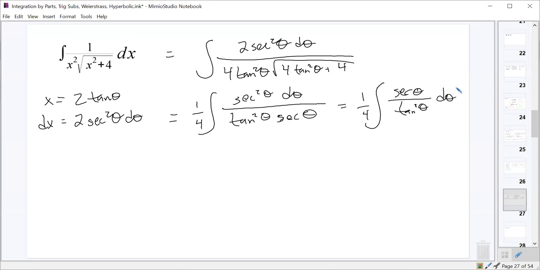And what can we do with that? What was that? I was going to say, can you change the tangent squared theta into secant squared theta minus 1?